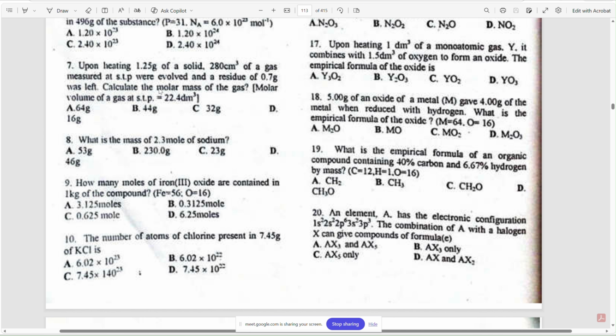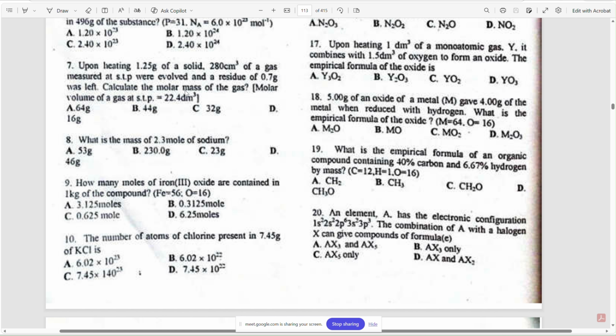So the question says calculate the molar mass of the gas. It's very straightforward. You already have the volume of the gas, 280 centimeter cube. From this given volume, you can calculate the mole of the gas. After getting the mole, you are given the original mass of the solid to be 1.25 and it is leaving a residue of 0.7 gram.